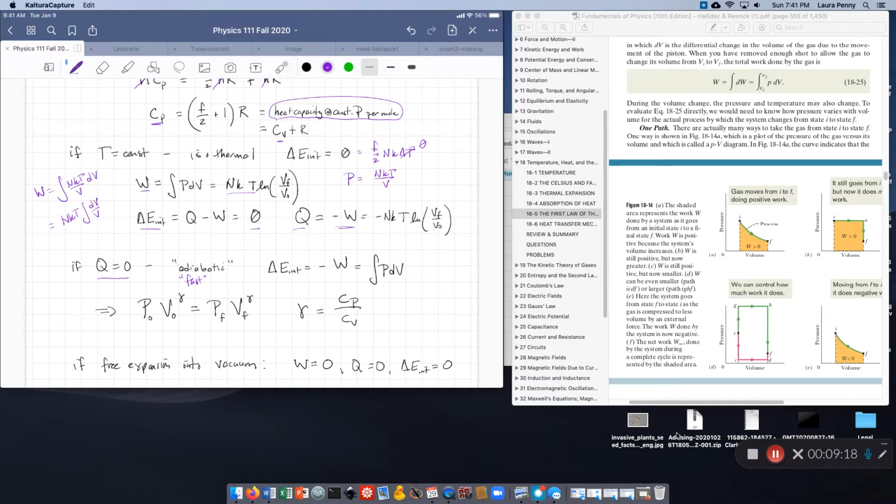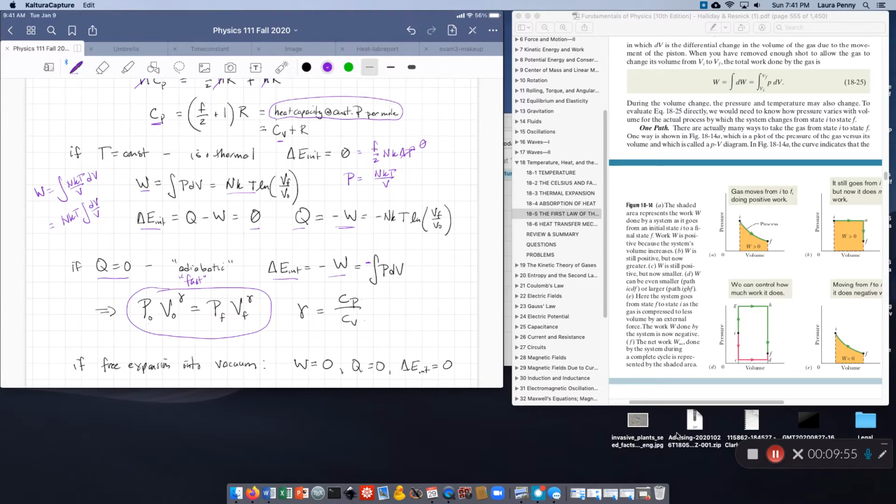But if Q is equal to 0, then the change in internal energy is just negative work, or negative the integral of P delta V. I'm not going to do this proof, but in adiabatic processes, this strange product of pressure times volume to an exponent, where the exponent is this ratio of Cp over Cv called gamma, is constant between these changes in pressure and volume.